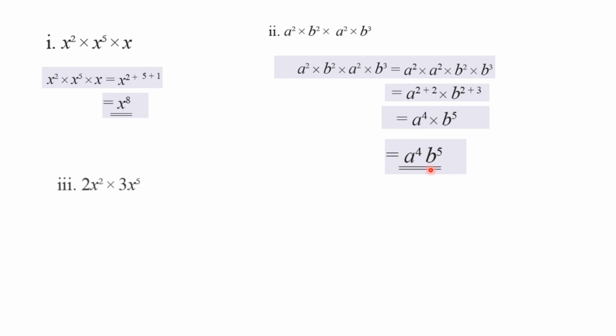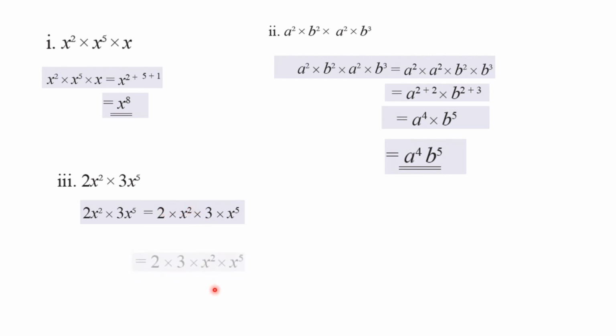Here is another one. In this case there are some indices connected with some numbers. So you have to consider the numbers separately, then the indices. You can consider these two powers separately. Then 2 into 3 is 6. Next, you have to add these two indices.